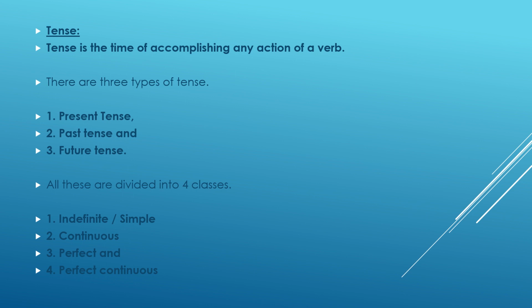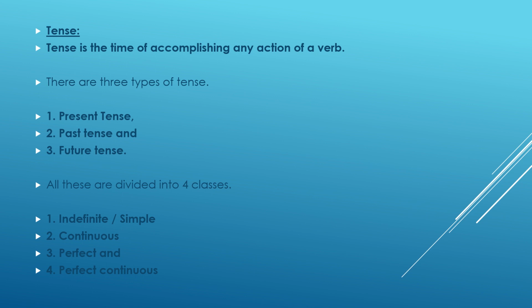There are three types of tense: present tense, past tense, and future tense. And all these are divided into four classes: indefinite or simple, continuous, perfect, and perfect continuous. That is, present indefinite or simple present tense, present continuous tense, present perfect tense, and present perfect continuous tense.